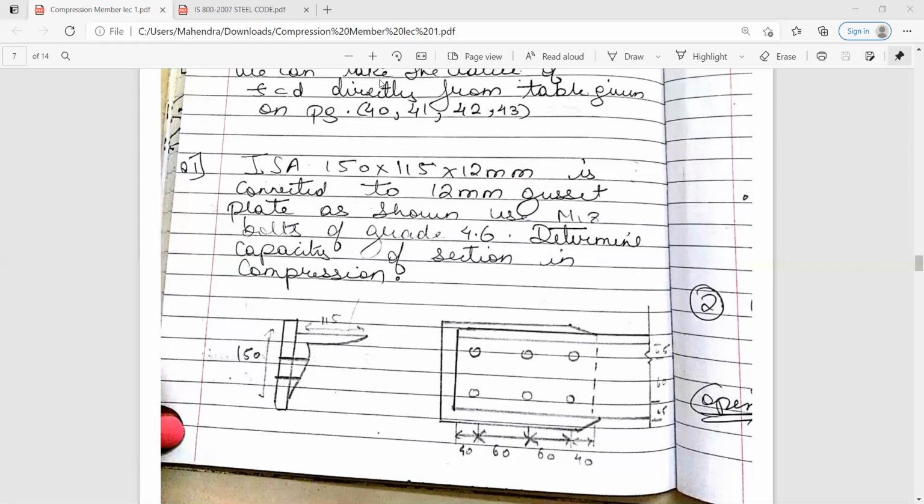Yes, done. Should we proceed further? Everyone had completed up till here? Should we proceed with the solution? Okay. So we'll proceed with the solution now. I hope everyone had completed up till here.